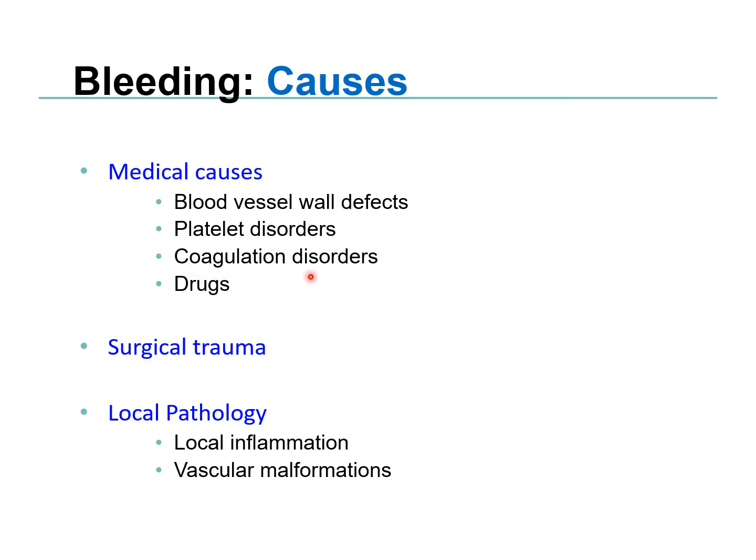Coagulation disorders related to deficiencies of various coagulation factors, and then finally drugs, including both antiplatelet drugs such as aspirin, clopidogrel, dipyridamole, etc., and anticoagulant drugs such as warfarin, apixaban, rivaroxaban, dabigatran, and we've covered the antiplatelet and anticoagulation drugs in a separate plenary which you can look at.